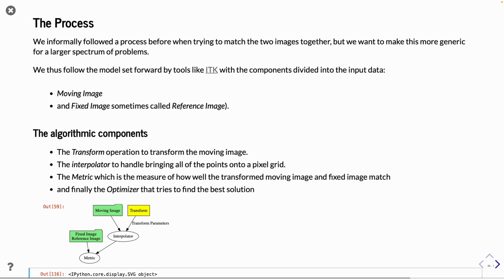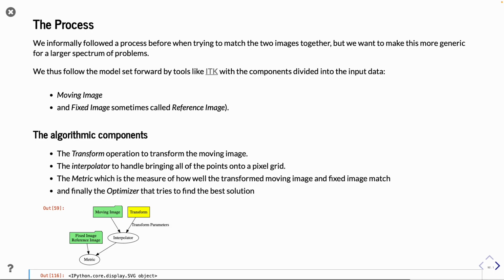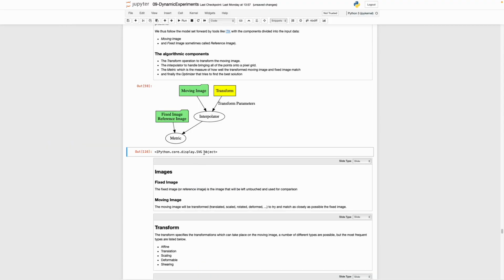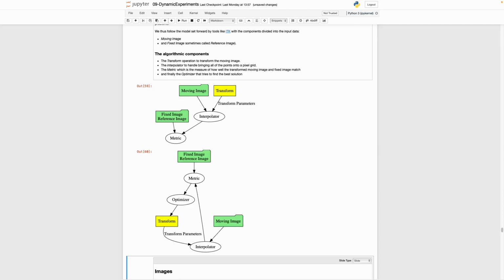And that one doesn't show up. Okay. Let's go again. And there are different ways of doing this. And I want to show a different one. It could also look something like this, where you have the fixed image, which you compare. So it's actually just wrapped around a bit. But the important component here now is that you also have an optimizer that controls the transform.